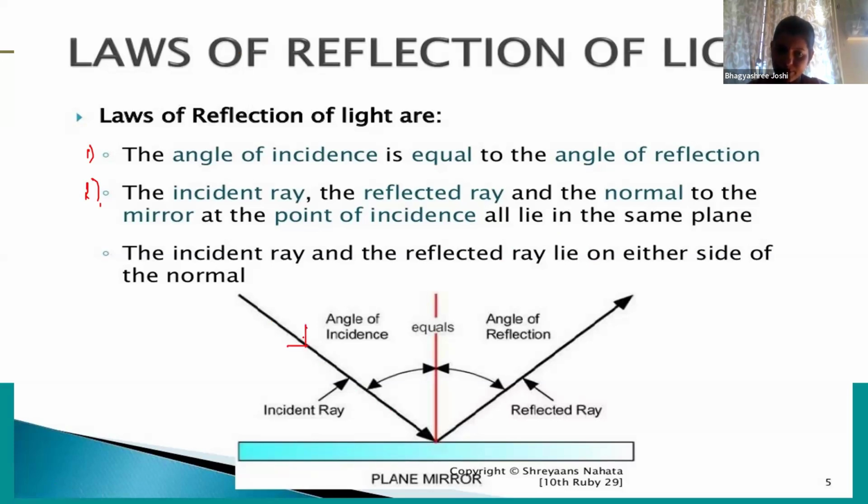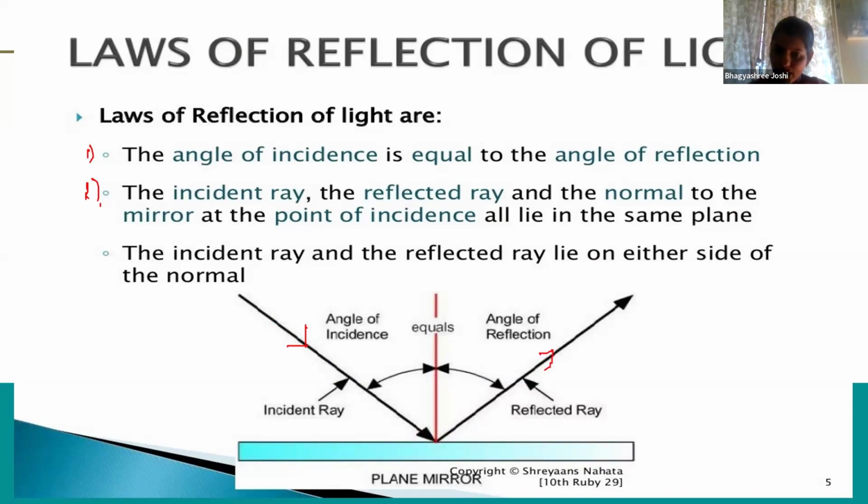Incident ray means the coming ray. When you take a plane mirror or any smooth surface, the ray falls on the smooth surface. After falling on it, what will happen? It reflects. That ray we call the reflected ray, in this direction.